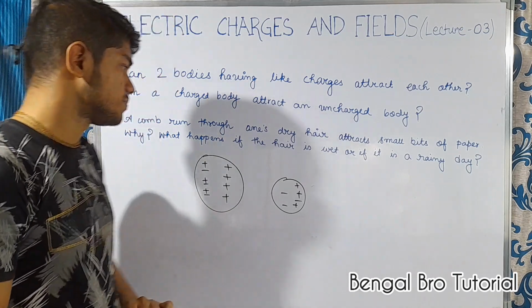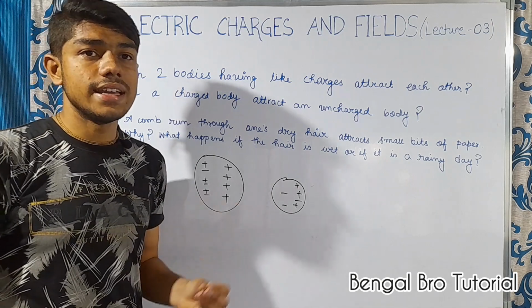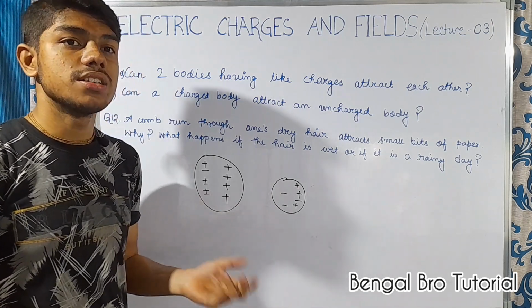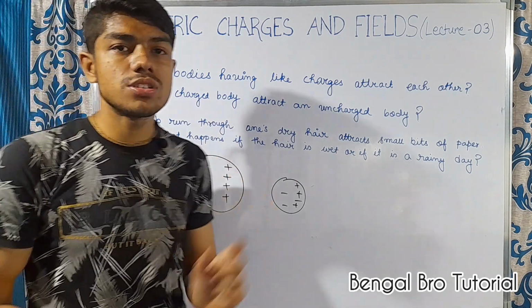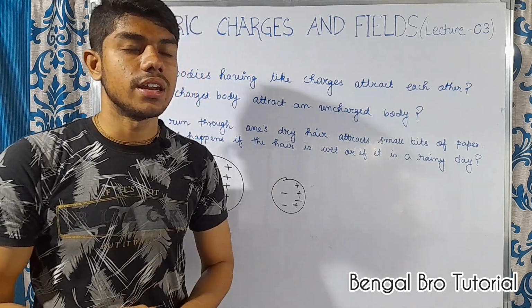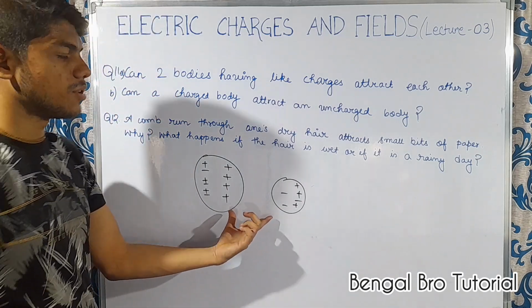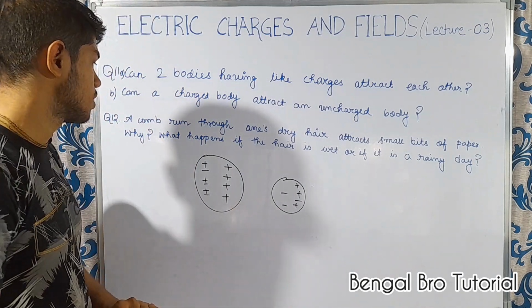It is because in that case the friction will be more and charges developed will also be more. Now the small bits of paper that are neutral get attracted. How? Again, by the process of induction.